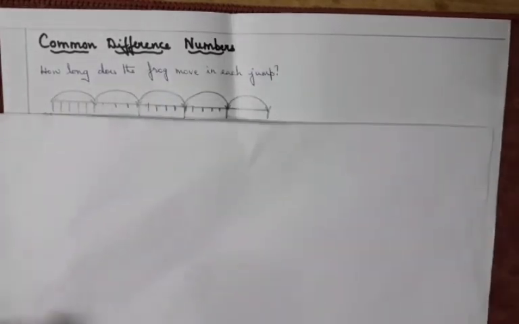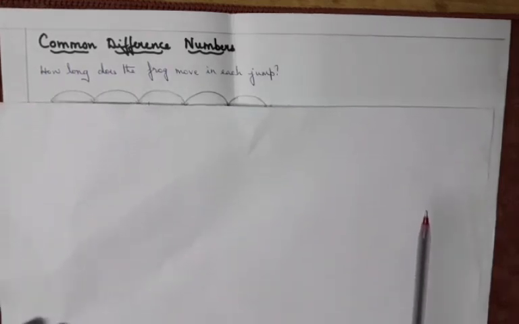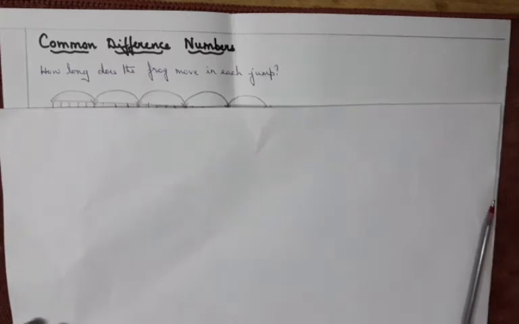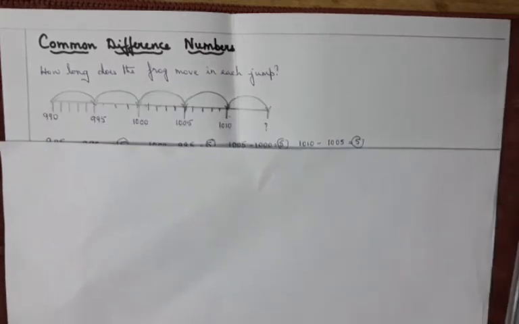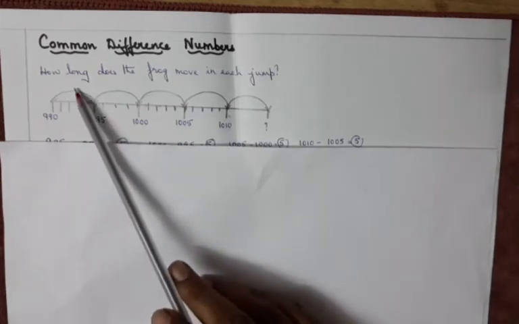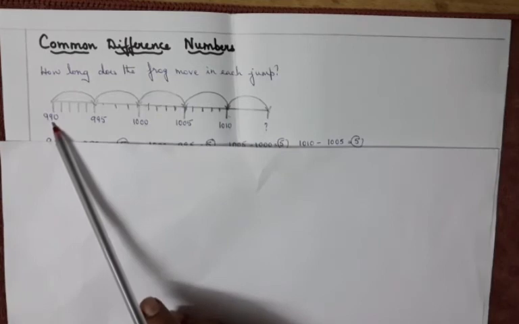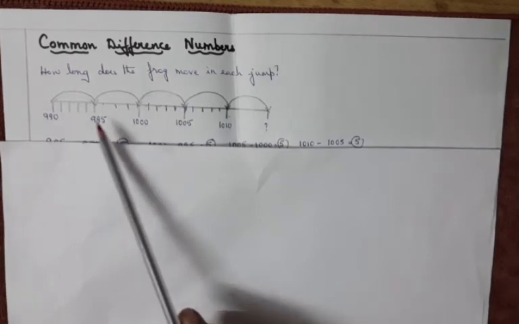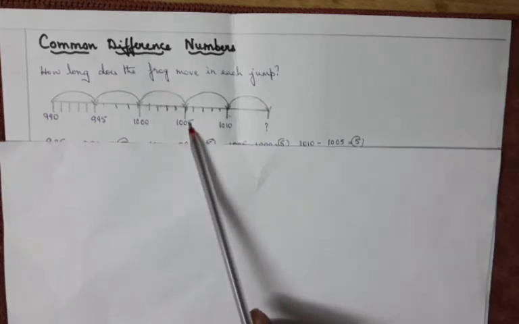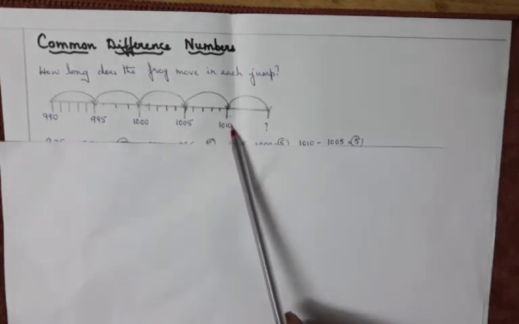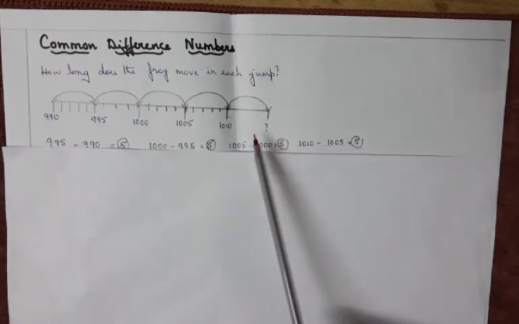Okay students, now let us come to a number line. Now you have to find the common difference in numbers. Here one number line is shown. How long does the frog move in each jump? They have given the number line 990, 995, 1000, 1005 and 1010, and they have asked us to find out the next number.